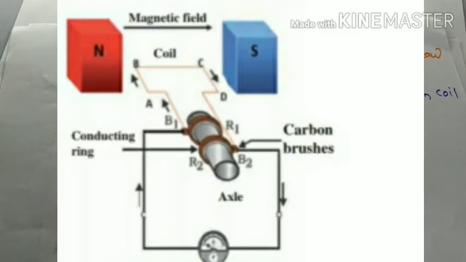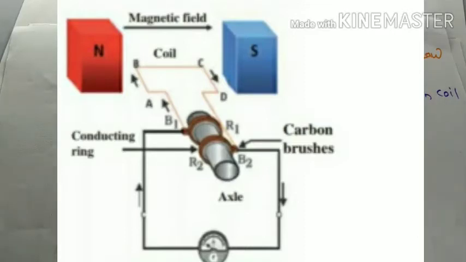The generator works on the principle of electromagnetic induction discovered by Michael Faraday. What is Faraday's law? An electromotive force, that is EMF, is induced in a conductor, that is the coil, when the magnetic field around it changes.